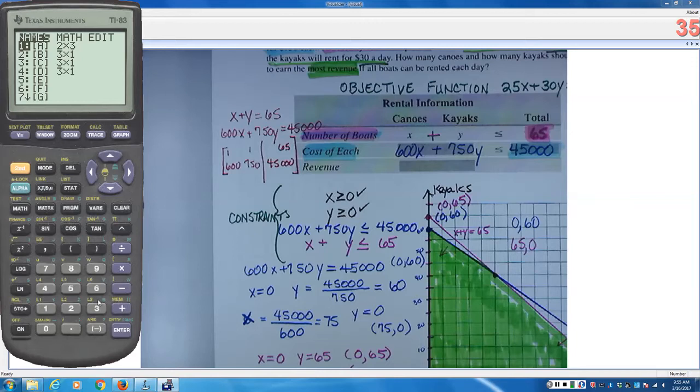And I'm going to print out matrix A to make sure it looks like it should. So 1, 1, 65 and 600, 750 and 45,000. Then I'm going to go back to matrix, over to the math button, and go down to B, which is RREF.